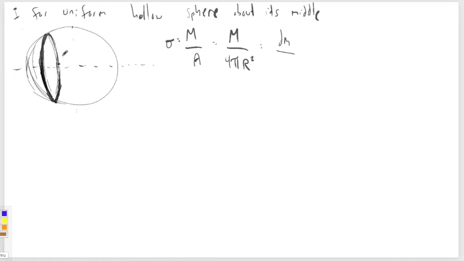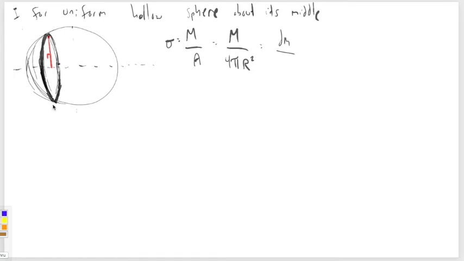So remember, I can treat this like it's a strip, a strip of paper or something. I can cut that, lay it out. Well, it of course is going to have a length of the circumference. I'm going to let this right here be little r, where little r is the radius of that little strip.